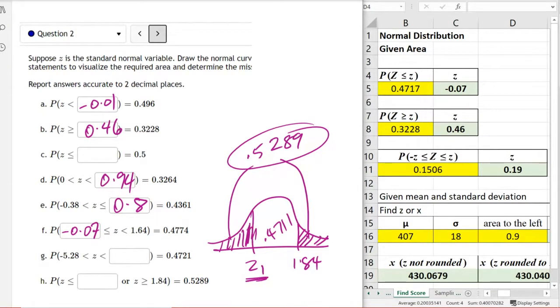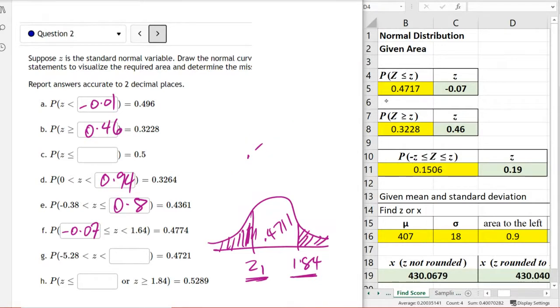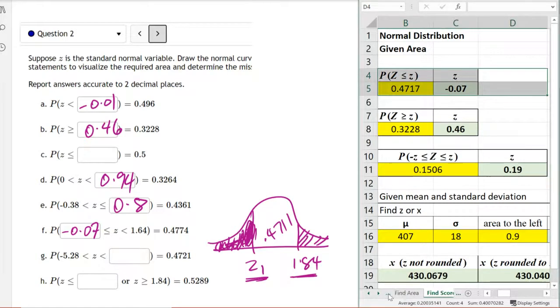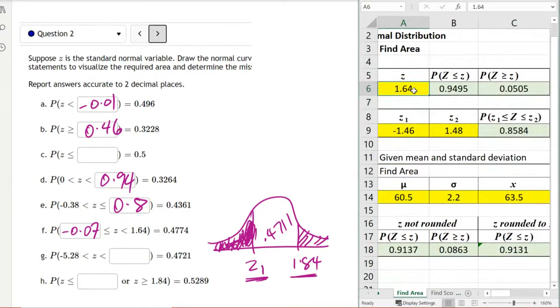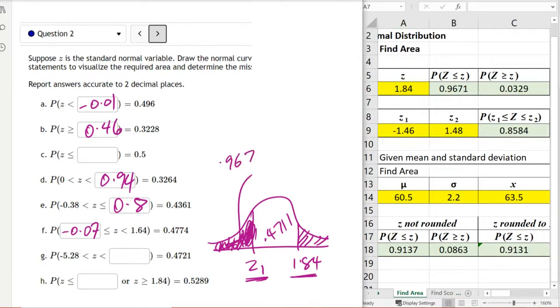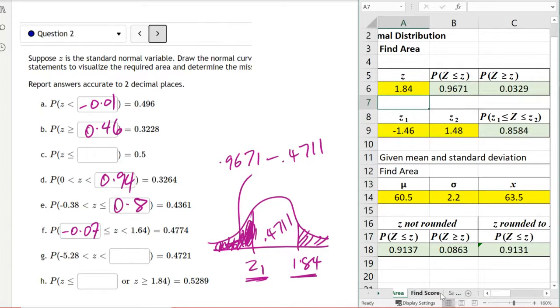So again, now we can find the area below 1.84 and then subtract 0.4711 from it to get this shaded area here. So if we go to find area here, we put in 1.84. That gives us the area below 1.84, 0.9671, and then we subtract the 0.4711 from it, and that will give us the area for Z1.